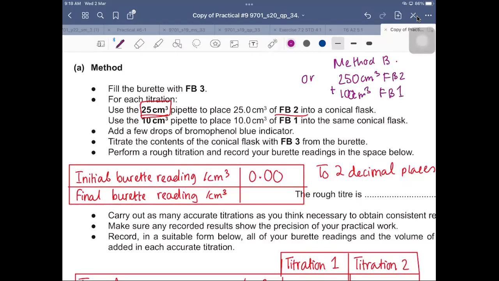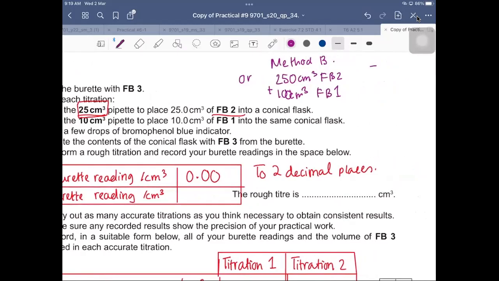Okay, and then for each titration, this one is mixed into one big beaker. For titration 1, I just take 35 cm³, and then for titration 2, I take another 35 cm³. You see the difference?